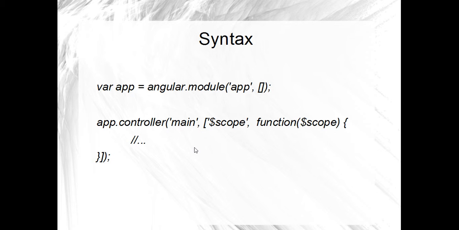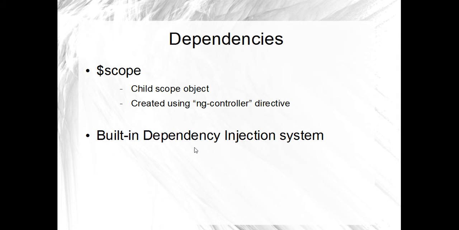Let's quickly go through the dependencies. Here the dependency is $scope, which is a child scope object whose parent is the global application scope. These are automatically created by Angular when a controller is specified with the ng-controller directive in HTML.